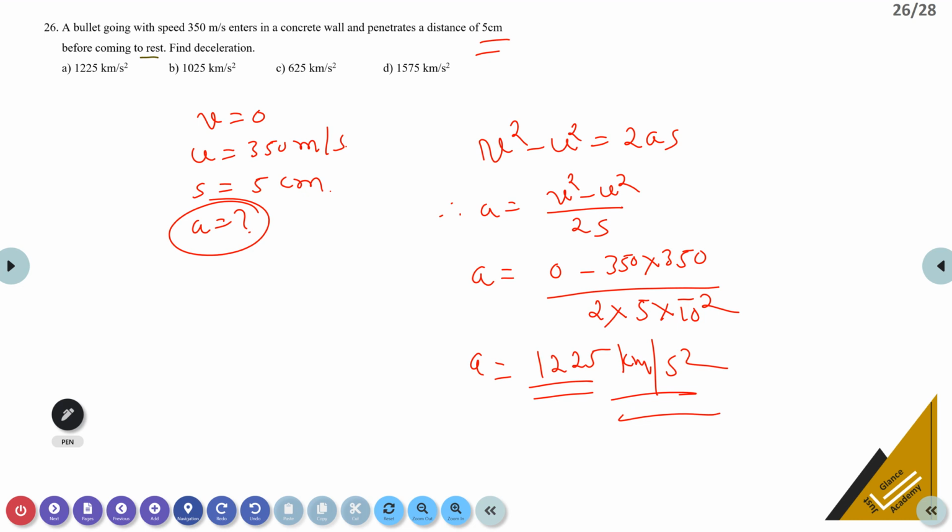You see, all units are in meters. 35 into 35 into 10 to the power of 2, here it is 10 to the power of minus 1. If I transfer it here, it becomes 10 to the power of 3.